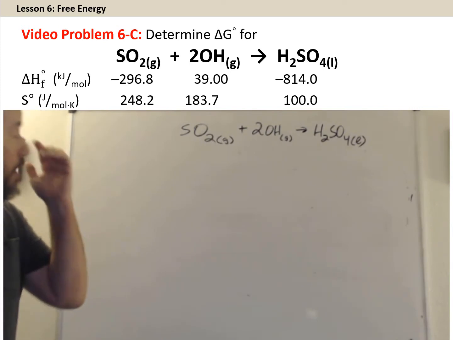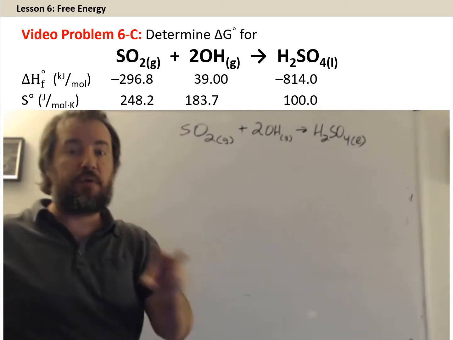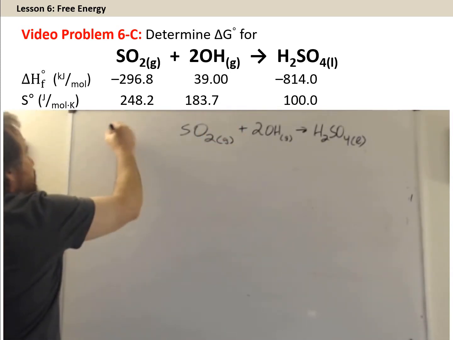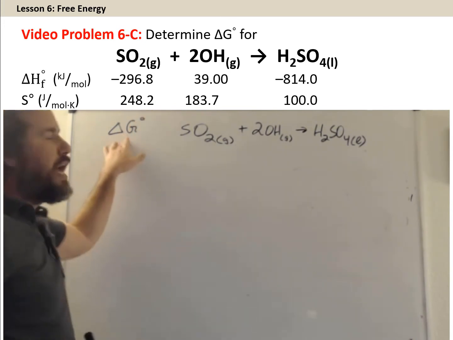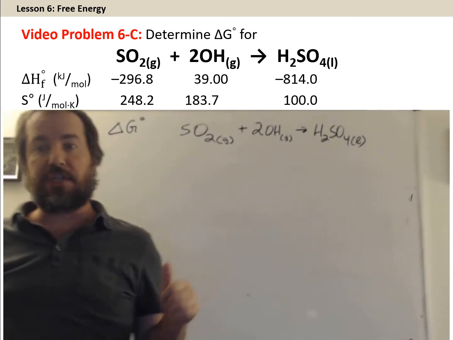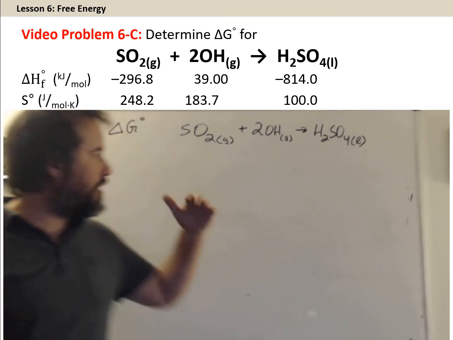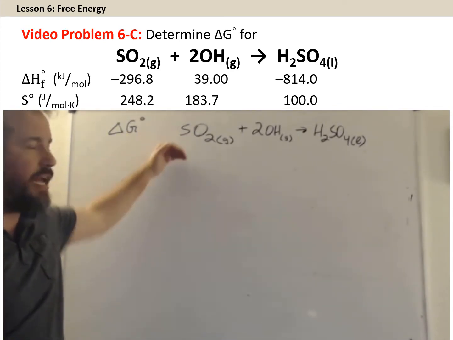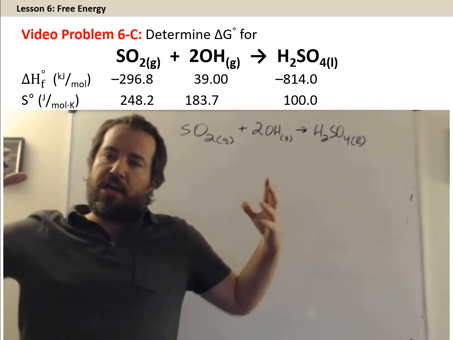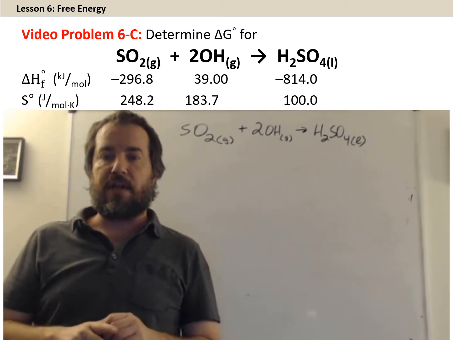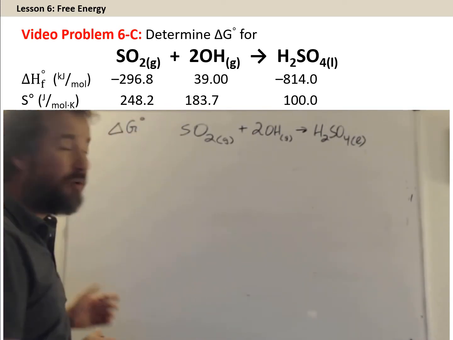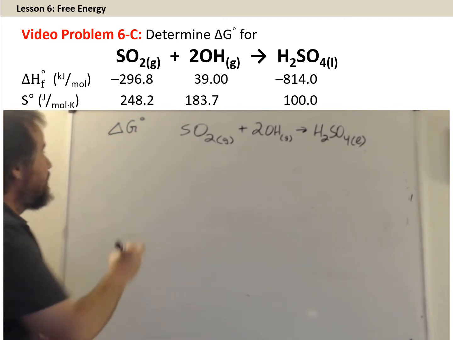We've already gone through two different ways to find delta G. One way is to use Gibbs free energies of formation. The other way is if I know delta H for this reaction and delta S for this reaction, to use those to calculate delta G. But I don't have that. What do I have instead?